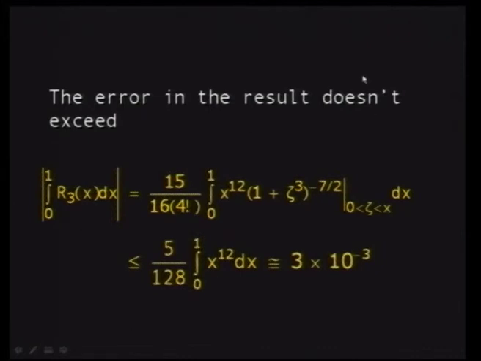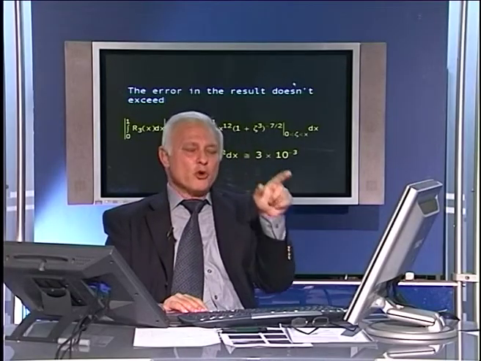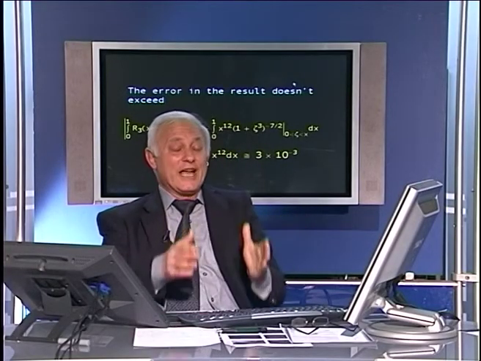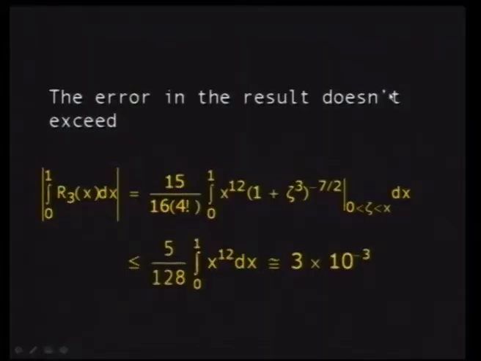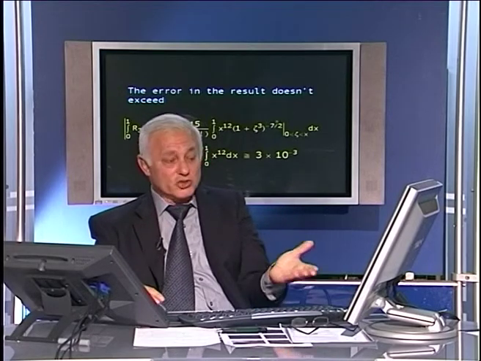In other words, using the Maclaurin expansion, you get an almost exact value, except there is a very small error, and the error is almost negligible. Here the error is 3 times 10 to the minus 3, in other words, 3 in 1,000. So what you have calculated is almost correct. So this is one way of doing it.